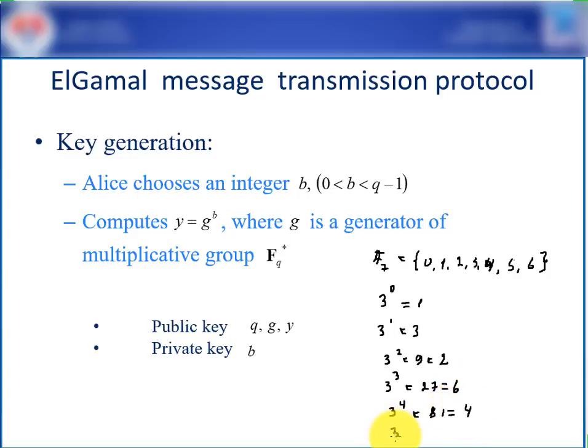3 to the power 5 is equal to 243, which modulo 7 equals 5. And finally, we have 3 to the power 6, which is 729.